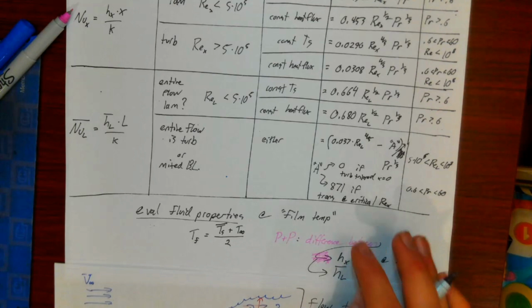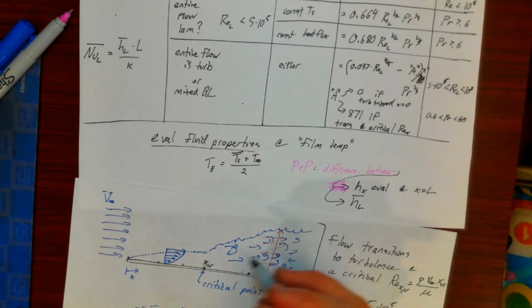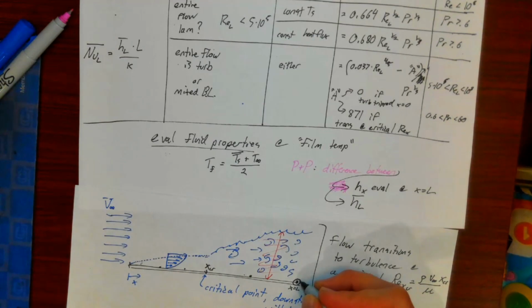In general, heat transfer coefficients tend to be higher when the boundary layer is thin compared to when the boundary layer is thick.